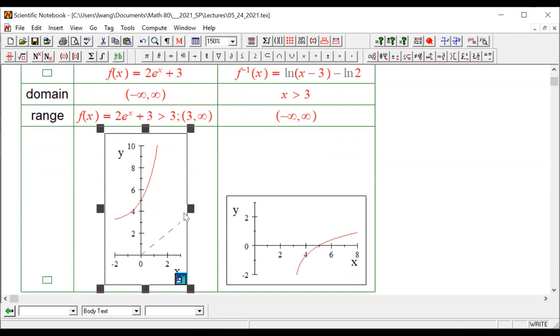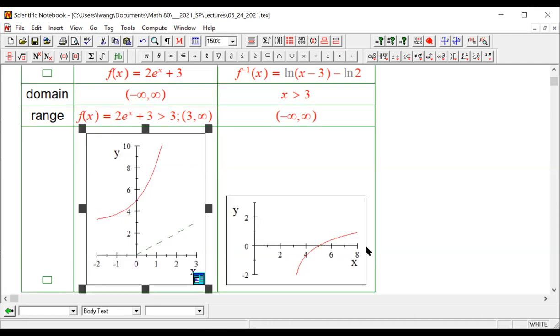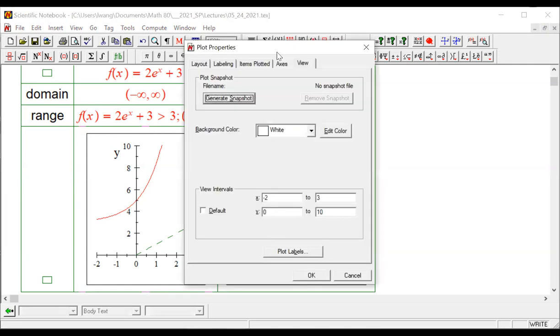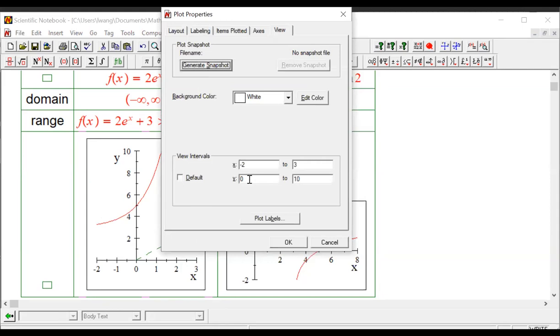If we put them together, I'm going to make some adjustment to the scale. So that's negative 2.